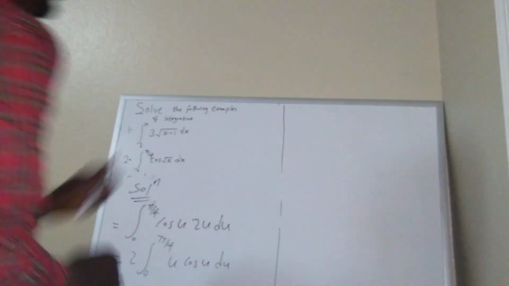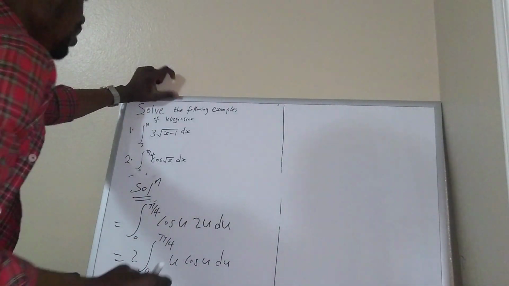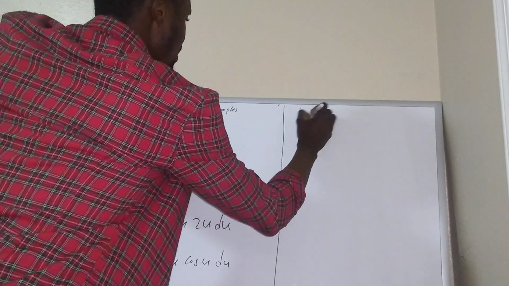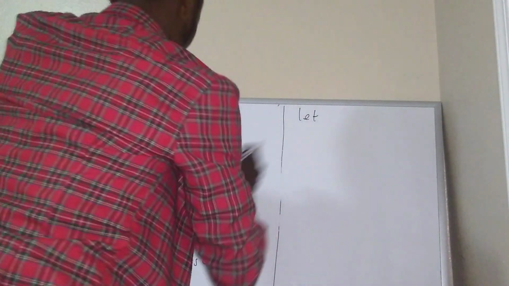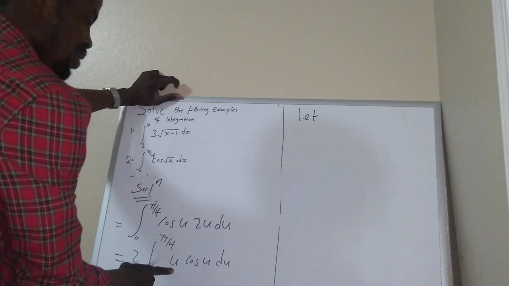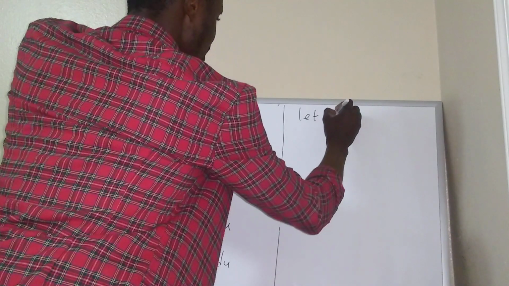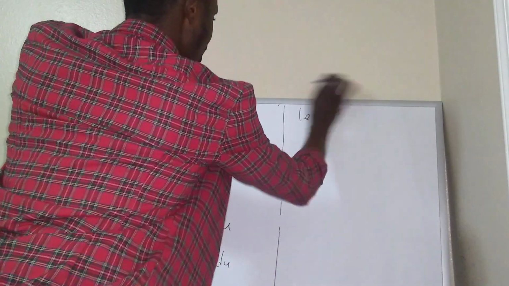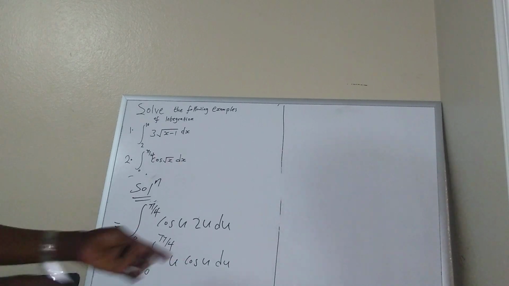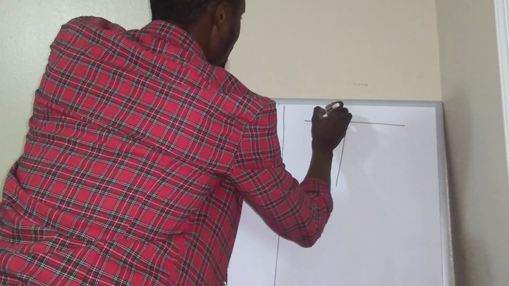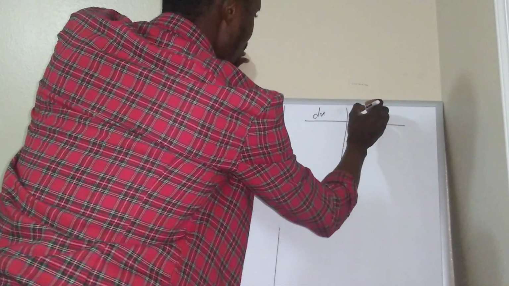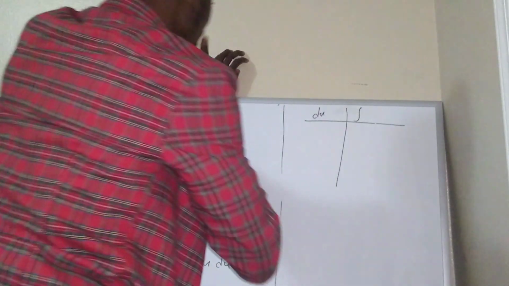If you apply integration by parts on this, let the first u be equal to p. Here we don't want to worry ourselves, so let's use the table so that we get our answer simply. Here you differentiate with respect to u, and here you integrate.